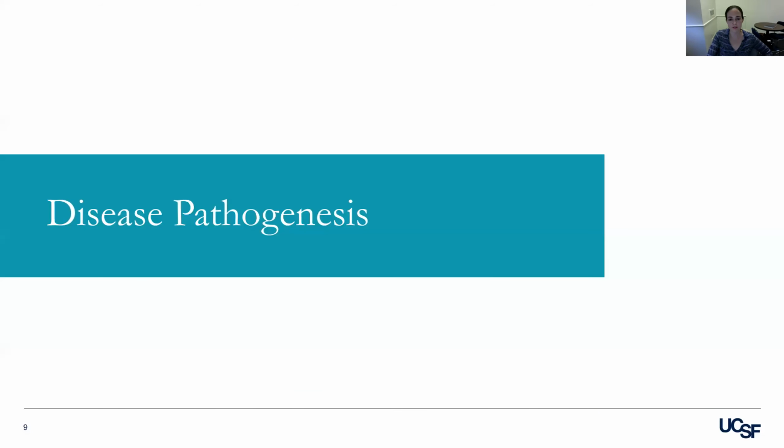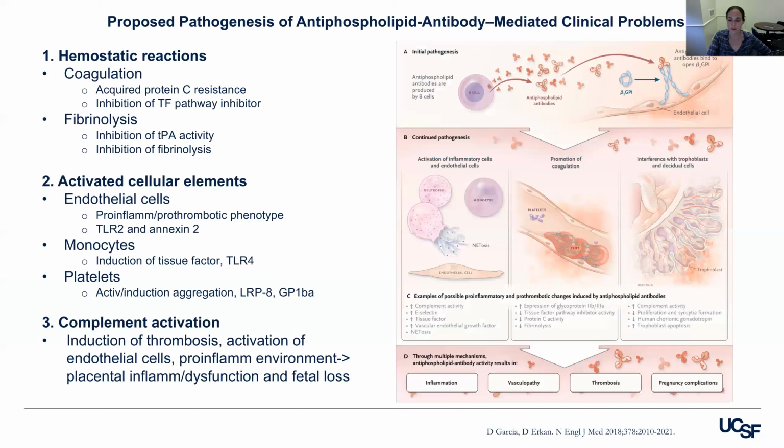Okay, so a slide or two on disease pathogenesis before we dive into going through some cases together. This is from a nice paper from the New England Journal a couple of years ago, proposing different mechanisms of pathogenesis in the antiphospholipid syndrome.